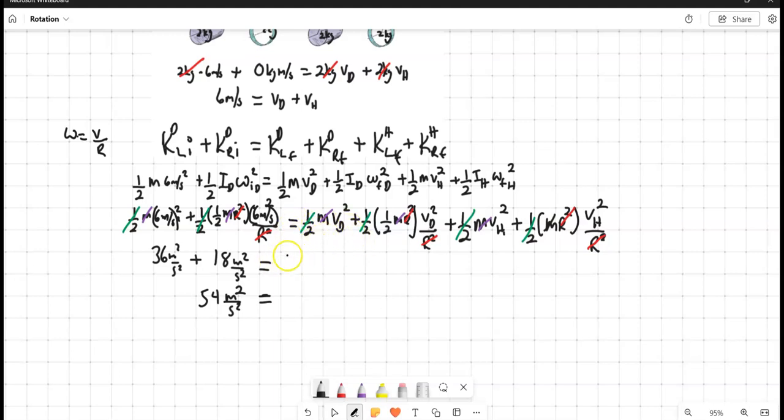On the right-hand side, we're going to have VD squared plus 1/2 VD squared. All right, so that took care of this. Plus VH squared plus VH squared.